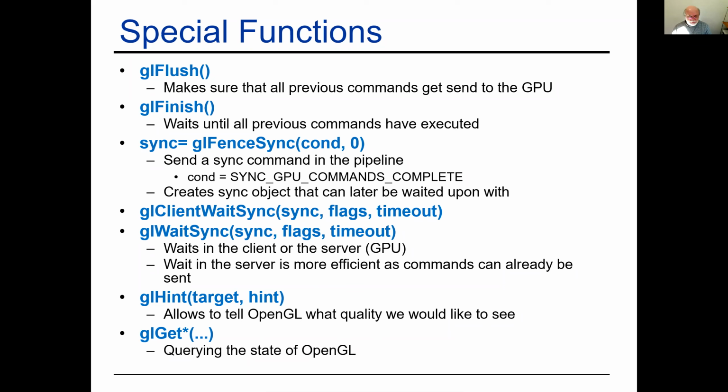So it's essentially telling OpenGL, okay, I don't worry that much about quality, and then maybe OpenGL can take a faster route for rendering. And then there's a number of glGet calls for different state to query, to read back from OpenGL what the current state is. Sometimes, for example, the exact number of texture slots in a shader.